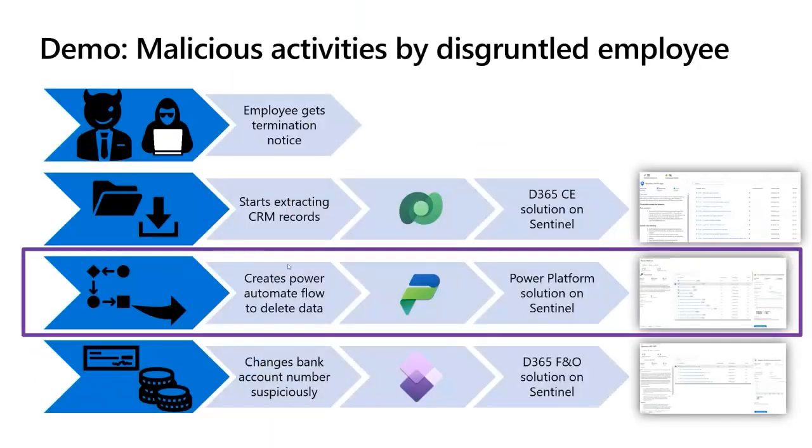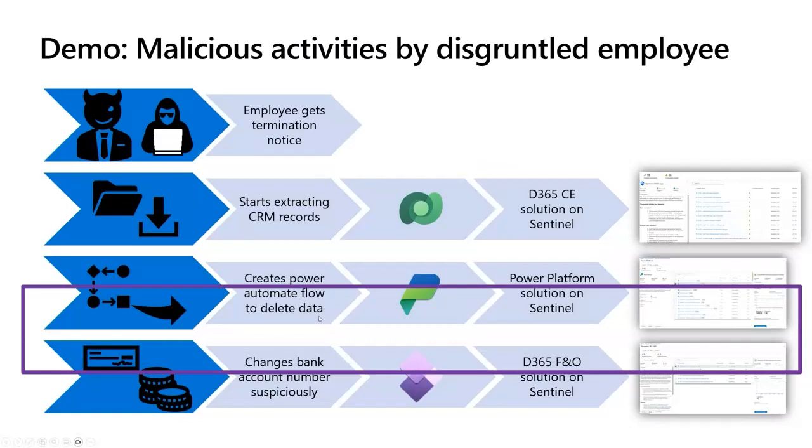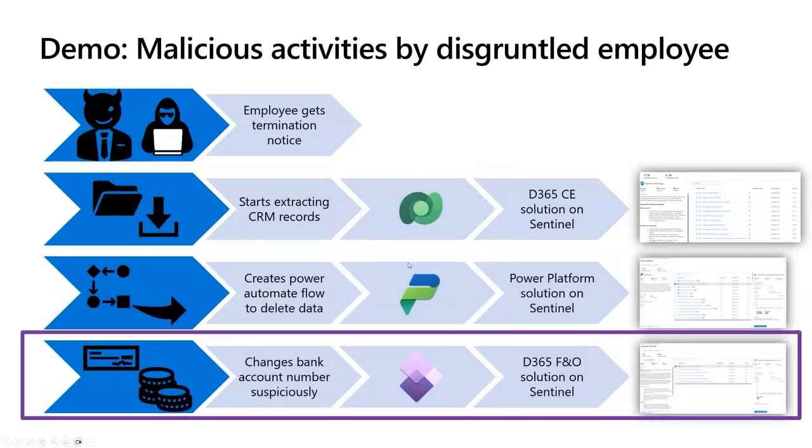Another demo here. The scenario, again, is that this terminated employee wants to change the bank account number of a vendor that he knows a payment is expected to be made to, and he wants to make sure that this payment gets to his bank account and not the vendor's.